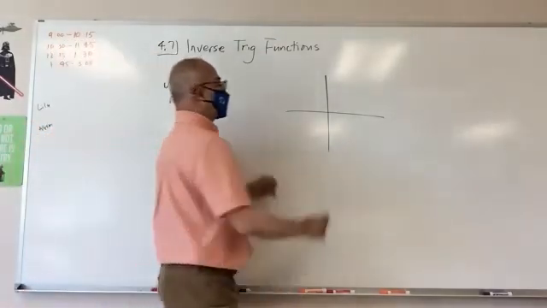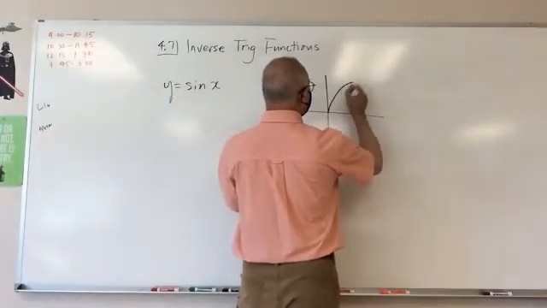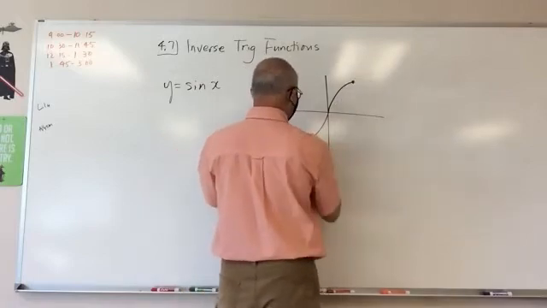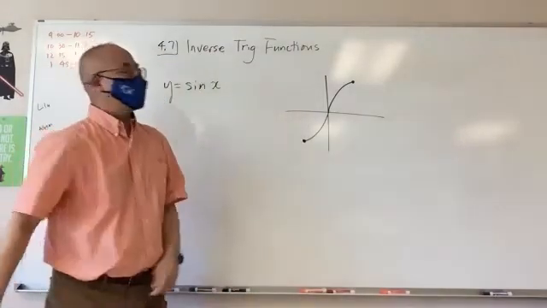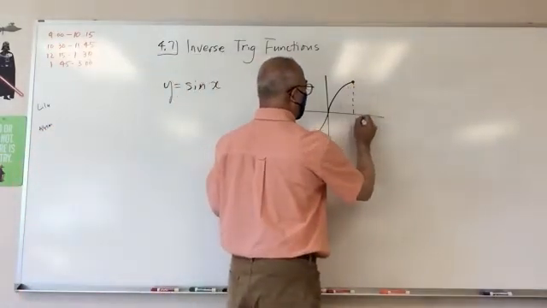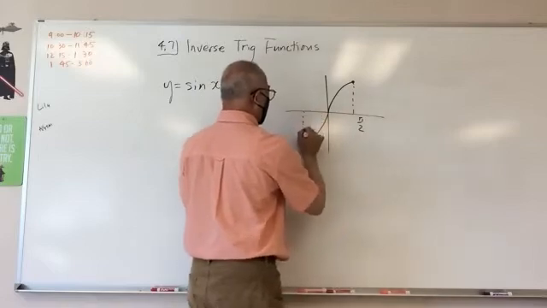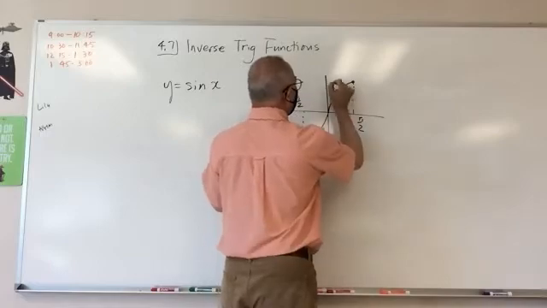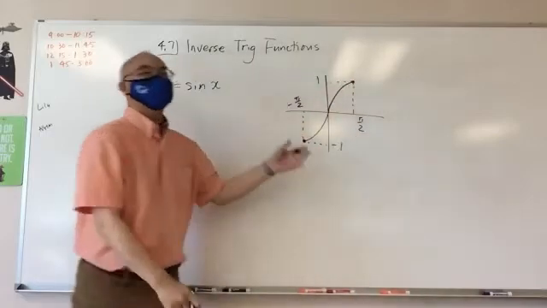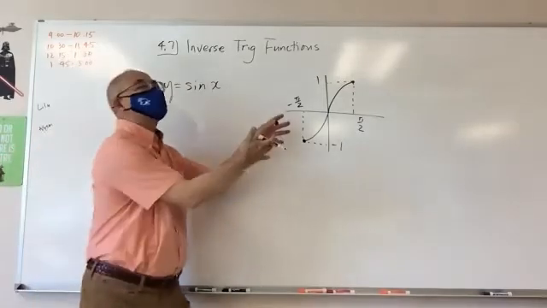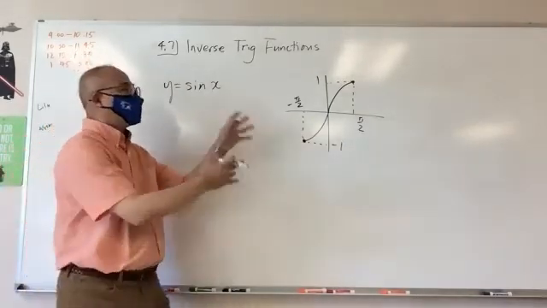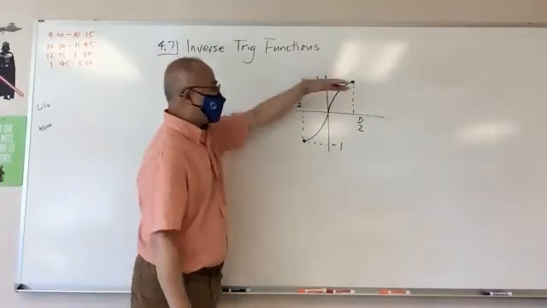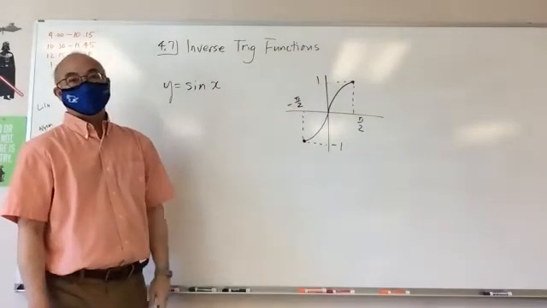So basically what they did was they took this part of the sine curve, from negative pi over 2 to pi over 2, so this would be -1, I'll just cut that off. So we're just going to use this part, and we're going to call it the inverse sine, the inverse function, because now it passes the vertical line test and it passes the horizontal line test.